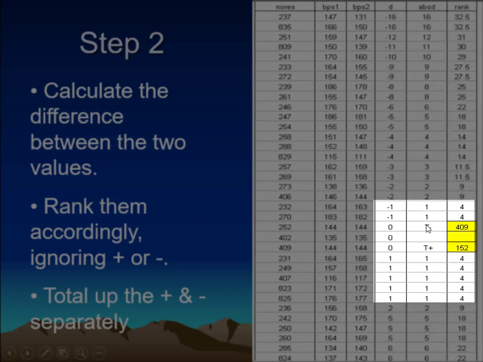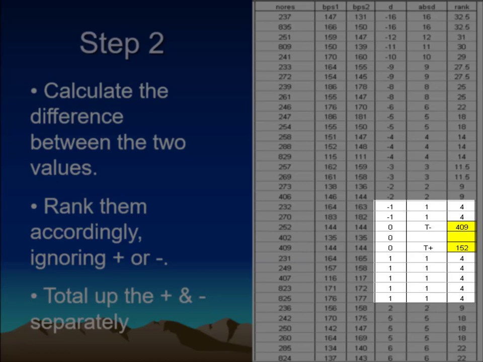Okay, look at number 1. How many 1s here? Okay, 1, 2, 3, 4, 5, 6, 7. So the ranks 1, 2, 3, 4, 5, 6, 7 are combined and shared. 1 plus 2 plus 3 plus 4 plus 5 plus 6 plus 7, how much? 28. 28 divided by 7? 4.